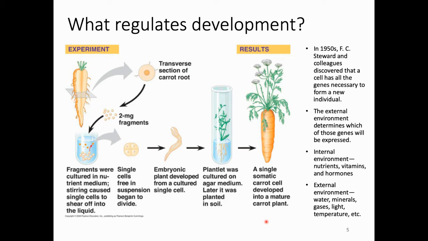In an organ or an organism, the environment includes both external and internal factors. The internal environment includes nutrients, vitamins, and hormones. The external environment includes water, minerals, gases, light, and temperature, among many factors.